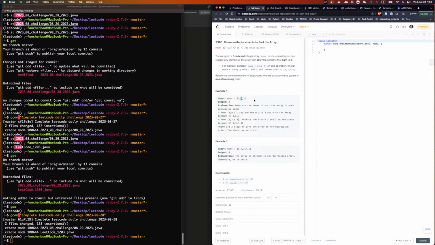I mean, if it has to be non-decreasing order, right? Which means we shall always try to, if we go from right to left, okay? Because when you split them up, it's always going to get smaller and smaller. So if we go right to left, the rightmost one you definitely do not split.